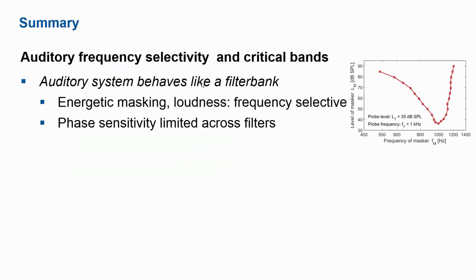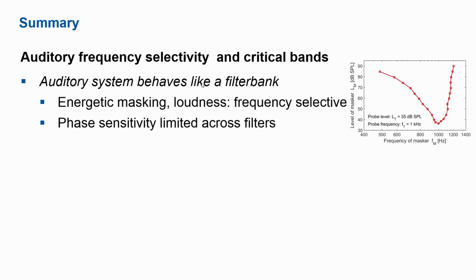This brings us already to the summary of our short lecture on auditory frequency selectivity and critical bands. We've looked and learned that the auditory system behaves like a filter bank. We've seen the psychoacoustic tuning curves, which really look like a filter shape.